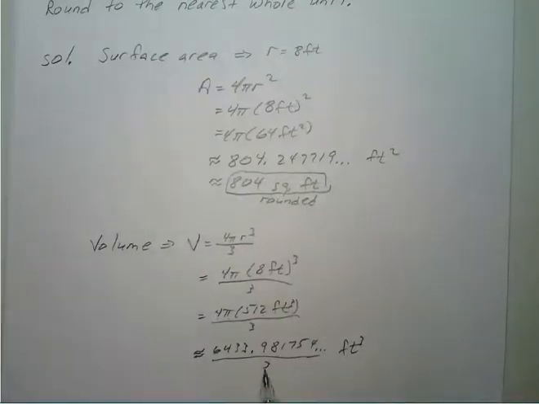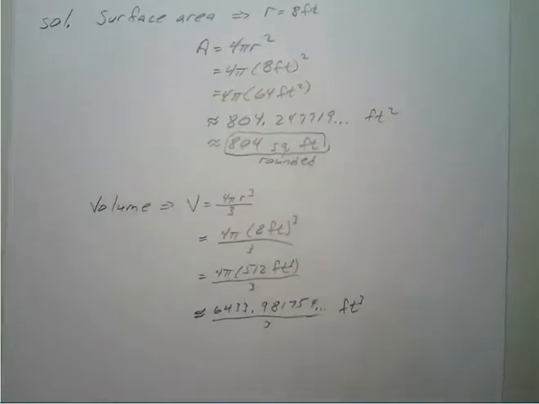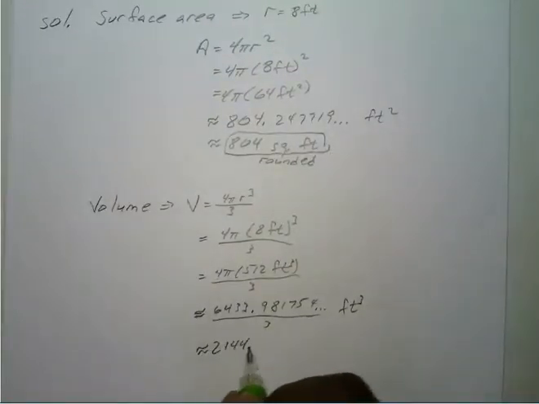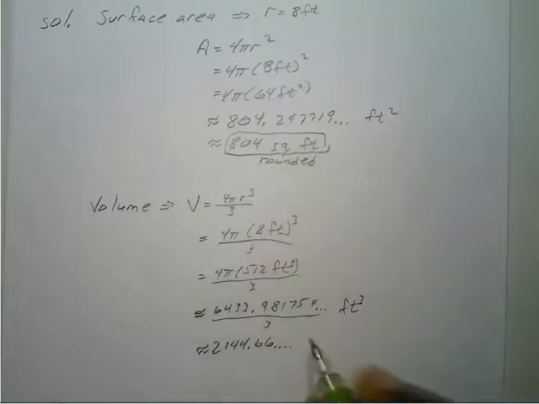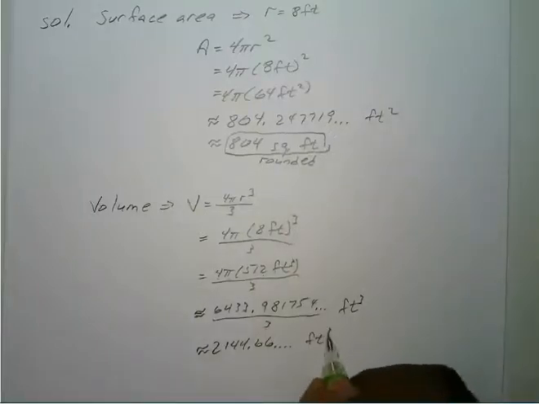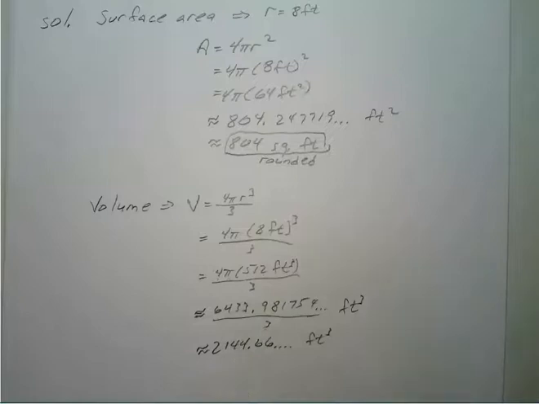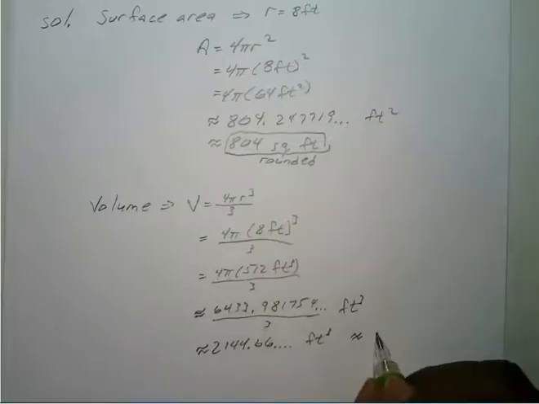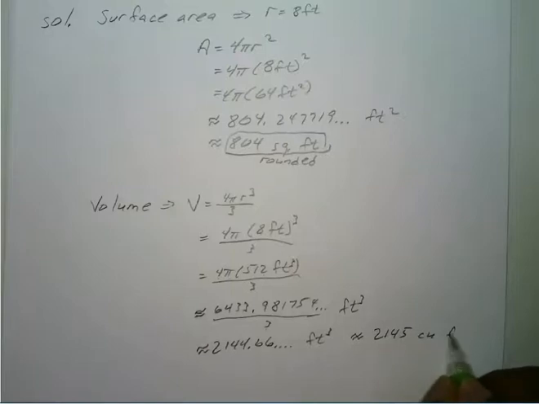Which, if you plug those into our calculator, we will end up with 2,144.66, and it keeps on going, cubic feet. But if we round it to the nearest whole number, 2,145 cubic feet.